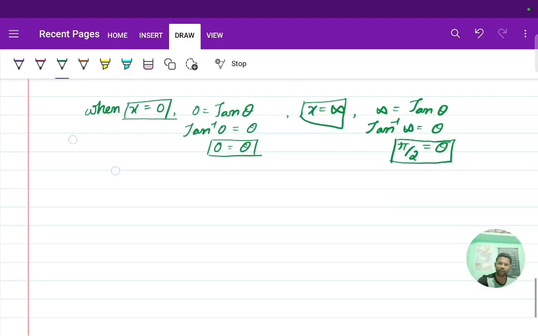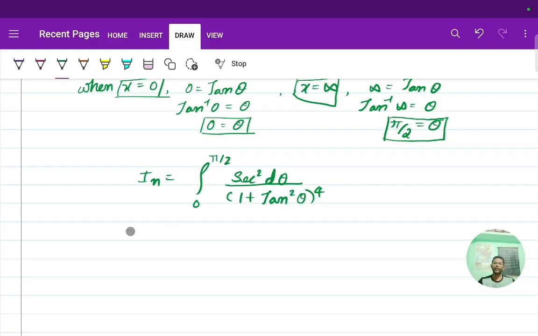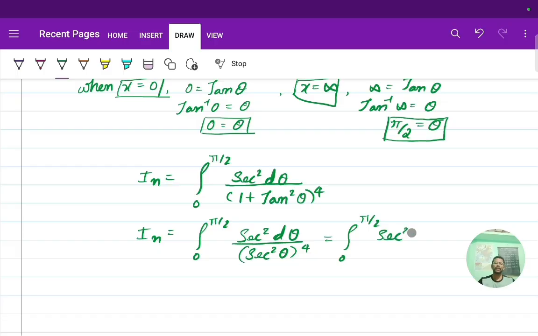In equation 1, I_n is equal to the integration over 0 to pi by 2 of secant square theta d theta divided by (1 plus tan square theta). 1 plus tan square theta is secant square theta, right? Secant square theta whole power 4, which is equal to the integration over 0 to pi by 2 of secant square theta d theta divided by secant power 8 theta.